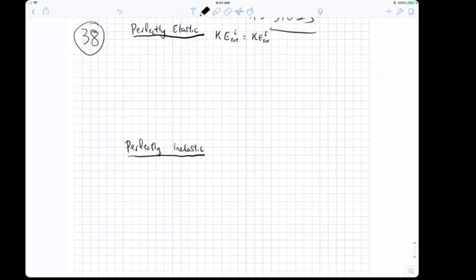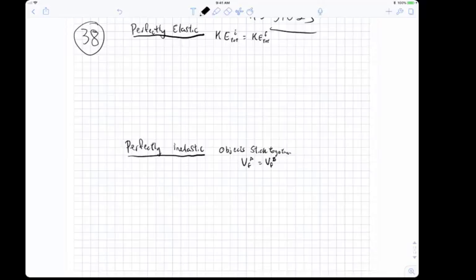In a perfectly inelastic collision, the objects stick together. So V final of object A is equal to V final of object B. So that's the distinction between the two. The deal here is, though, in a perfectly elastic collision, all the kinetic energy turns back into kinetic energy. In a perfectly inelastic, as much energy as possible has been converted into deformation and sound and heat.